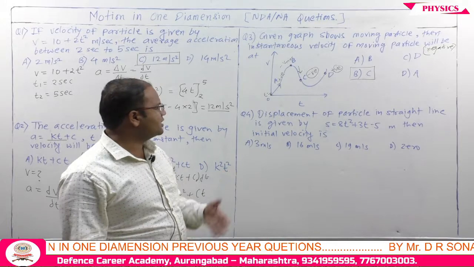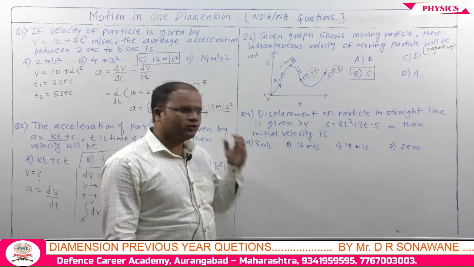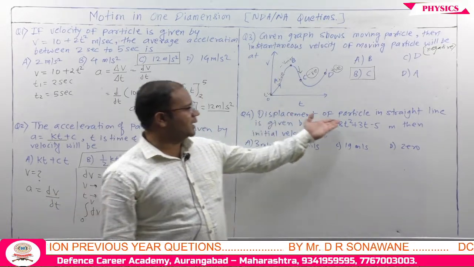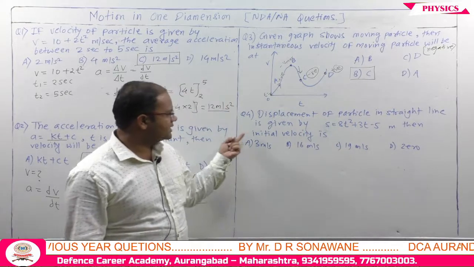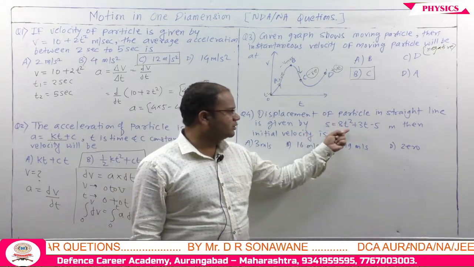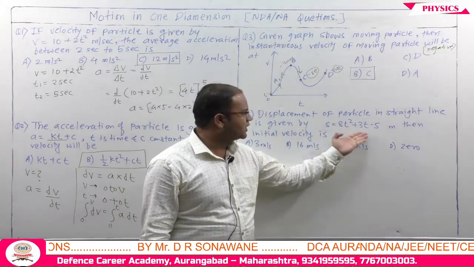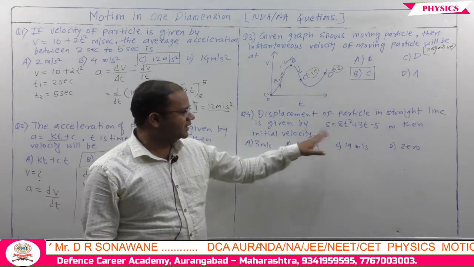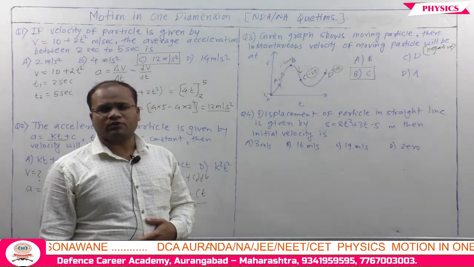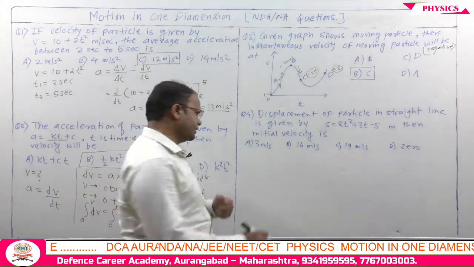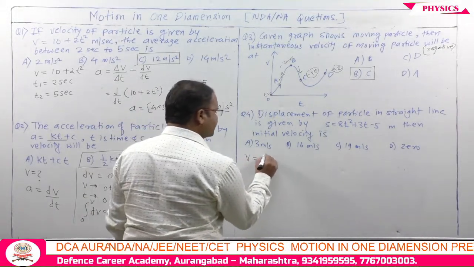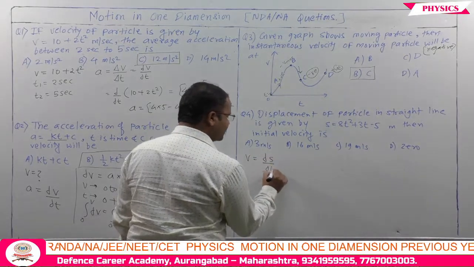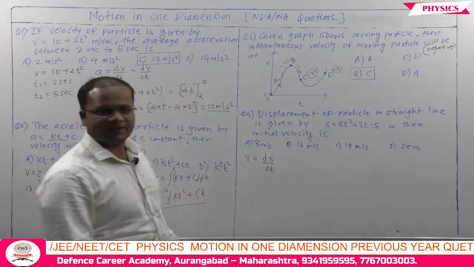After that we will jump to the fourth question. The fourth question is: the displacement of a particle in a straight line is given by s equal to 8t square plus 3t minus 5 meter. Then the initial velocity is? For calculating initial velocity, we know that velocity is nothing but the rate of change of displacement, and s is the displacement here.